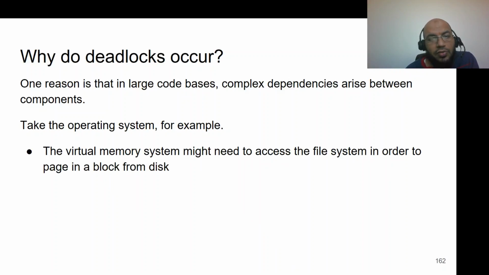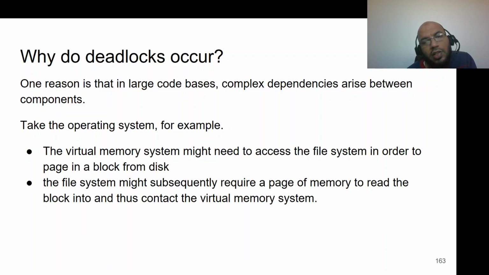The virtual memory system, for example, might need access to a file system. It will need access to a file system in order to page in a block from disk, basically to read some data from disk and put it in memory. Or when swapping, you might be swapping into disk, so you're writing to disk from the memory. The file system might subsequently require a page of memory to read the block into and thus contact the virtual memory system.